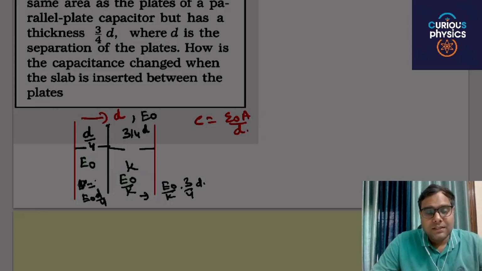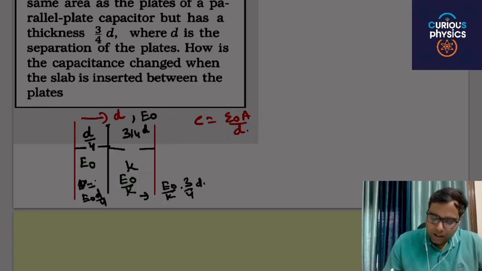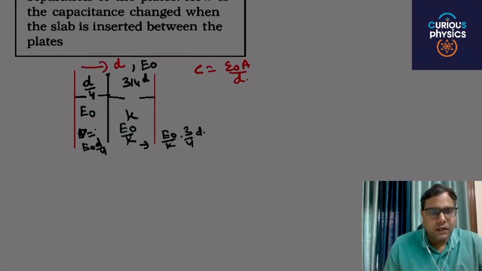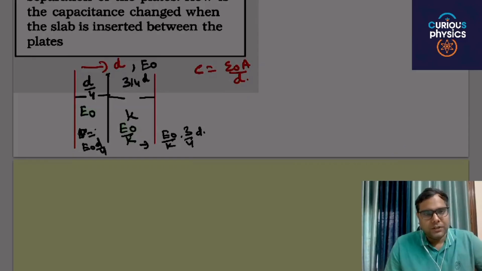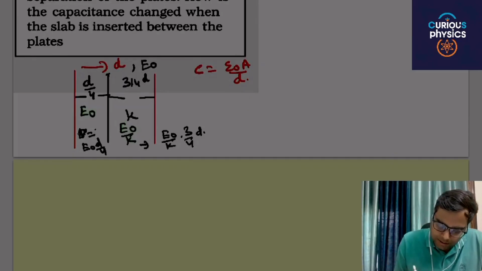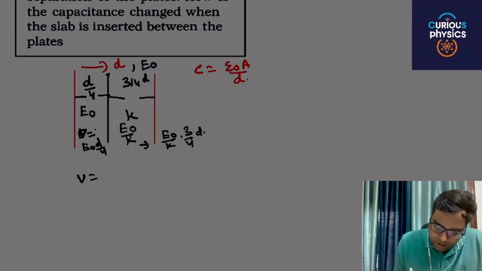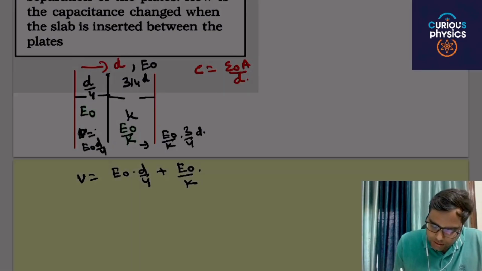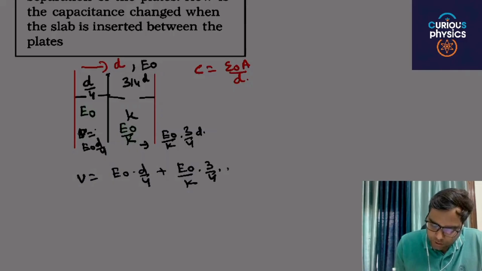Then these are the basic potentials of these parts. Then what will be the net potential? The net potential will be E naught into D by 4 plus E naught by K into 3 by 4 into D.